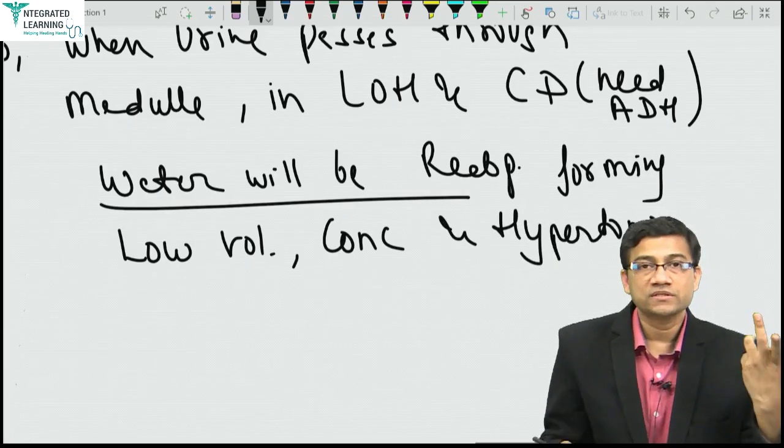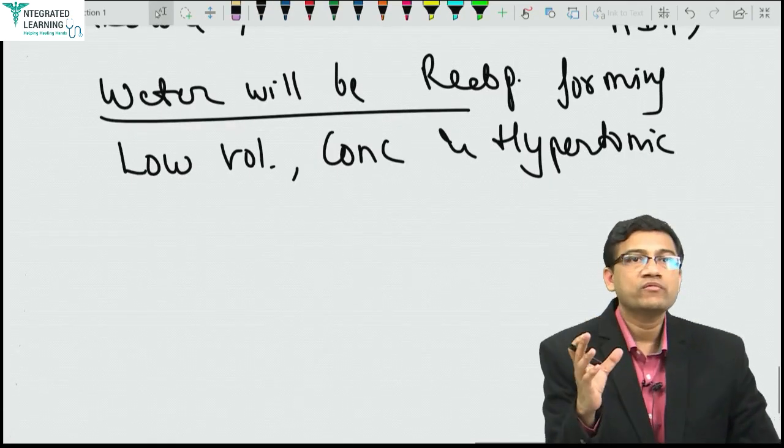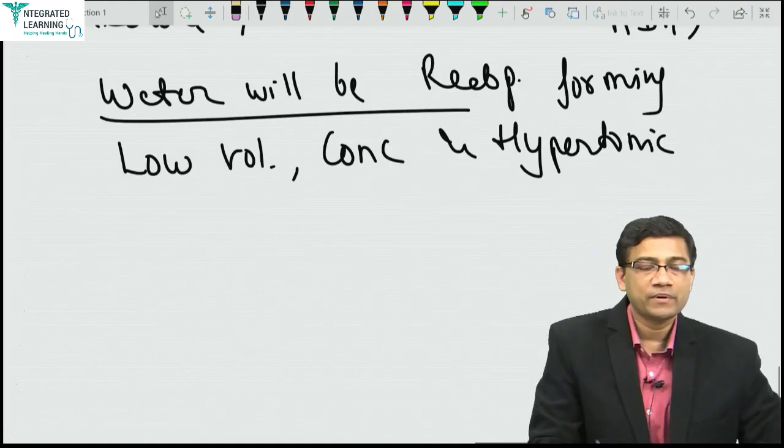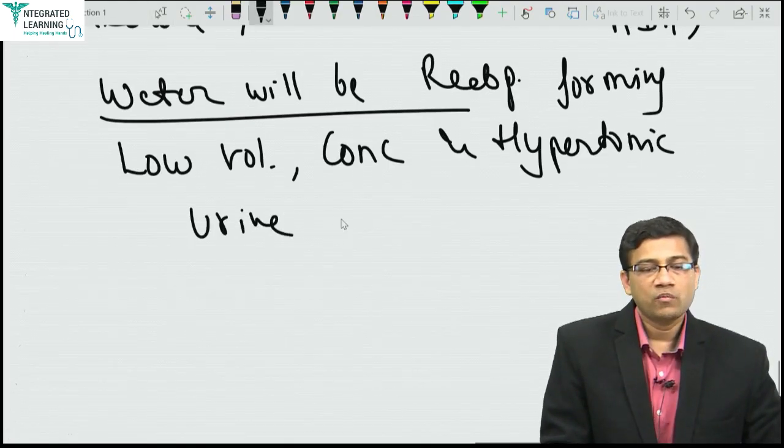That means you are able to conserve water and save it by doing what? By absorbing the water. So we get a low volume, concentrated and hypertonic urine. How much? As much as medulla, 1200.